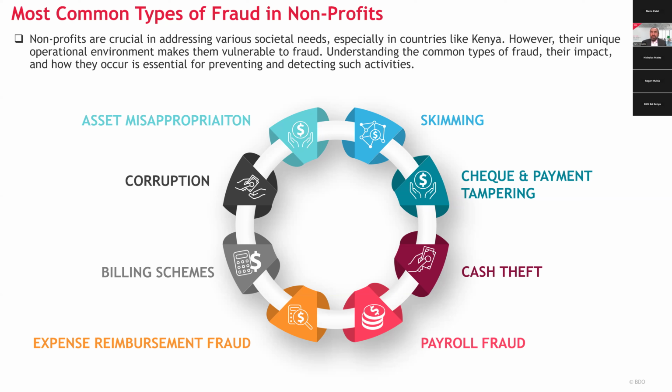Let's look at the next one, which is corruption. This occurs in 41% of the cases, and maybe in our part of the world, maybe even higher. So, why is it so common?